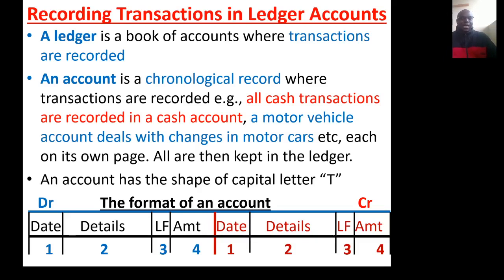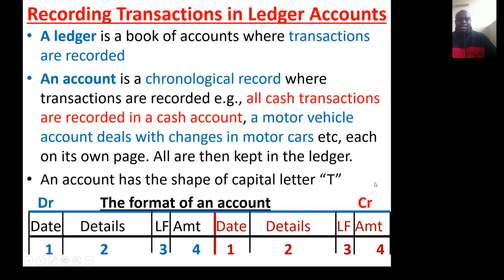So an account has the shape of capital T, as you can see. So the blue line and the red line forms the shape of a capital T. On the left-hand side of an account, we call that side DR or debit side.